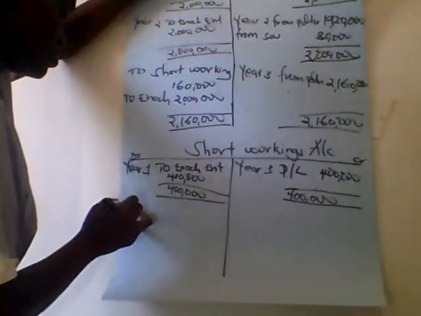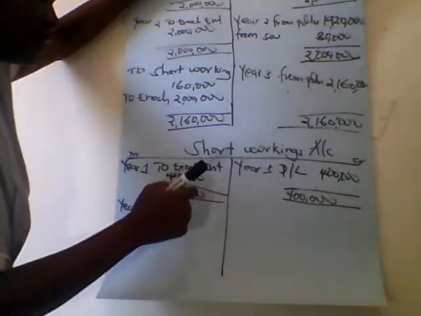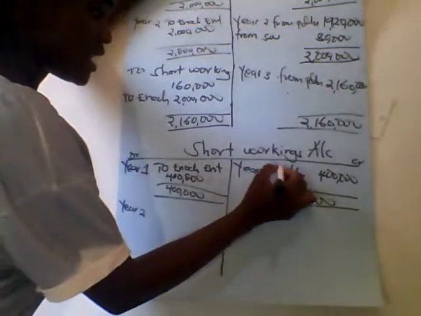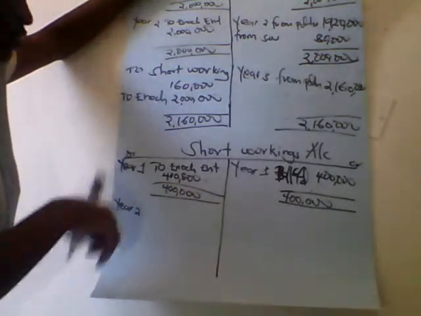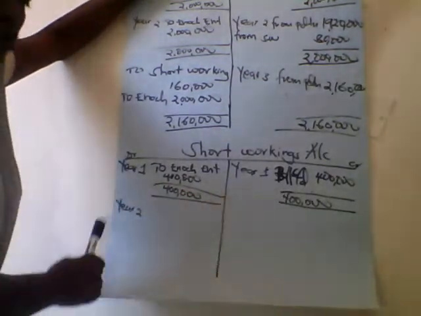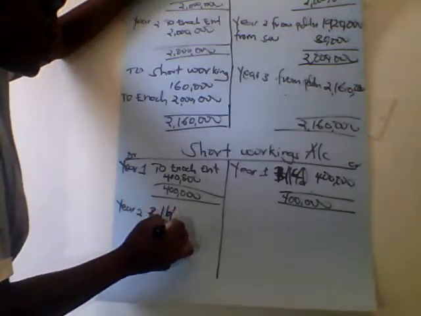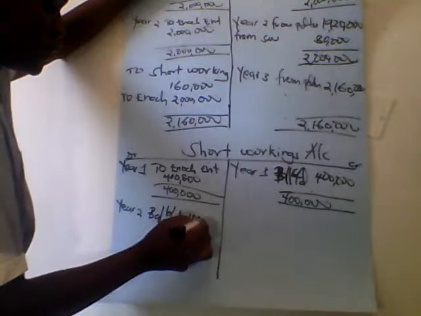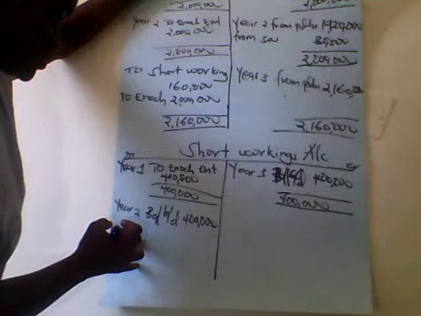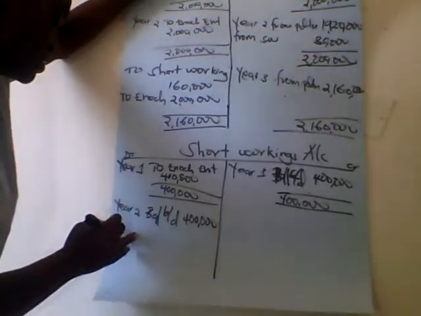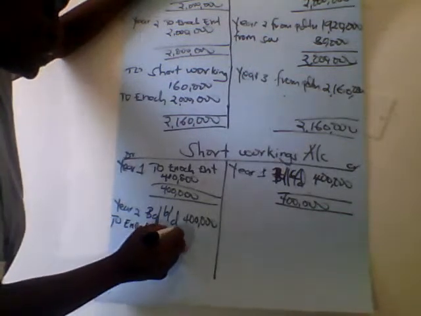Then for year 2, we had this, sorry, not profit or loss, balance carried down, 400. So for year 2, this will become the opening balance here. So balance brought down 400. Then what was incurred in that year to Enoch? It was 80.